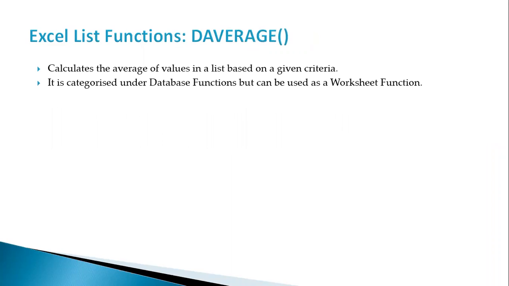The next function we'll look at is the daverage function, and daverage, just from the name average, helps us to get the mean value of a set of values. And just like the dsum function, it works on values in a list, but based on a given criteria.